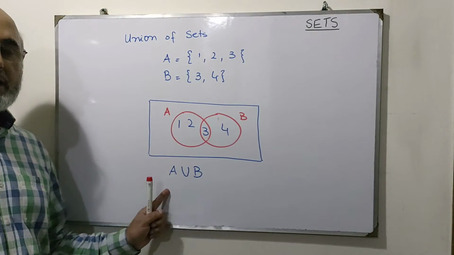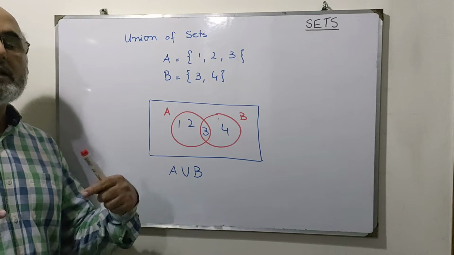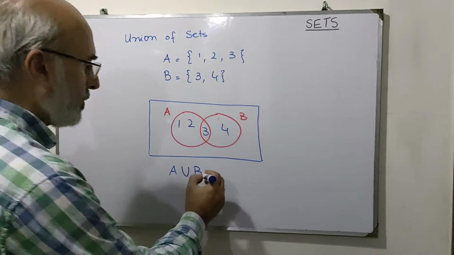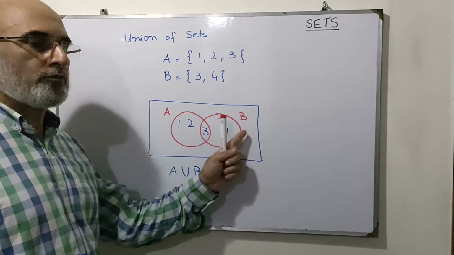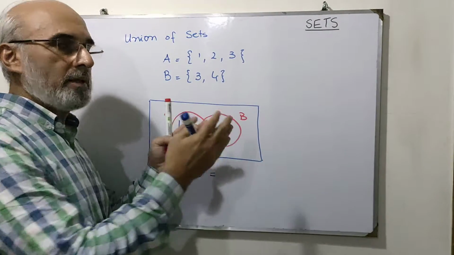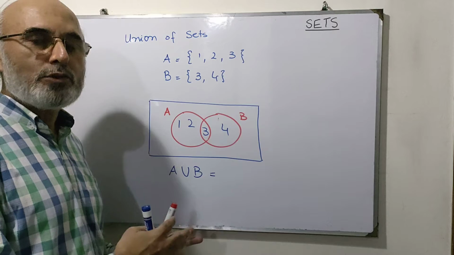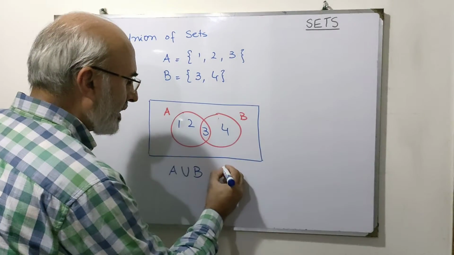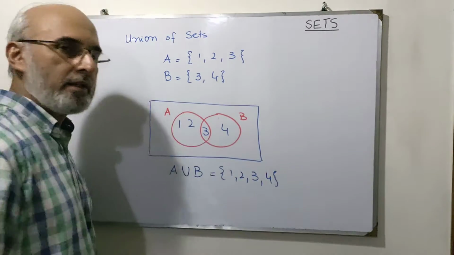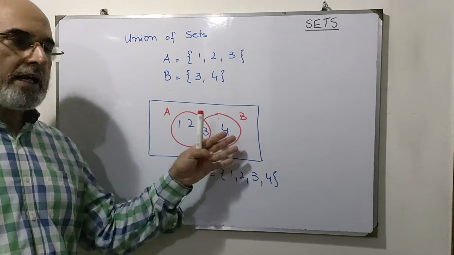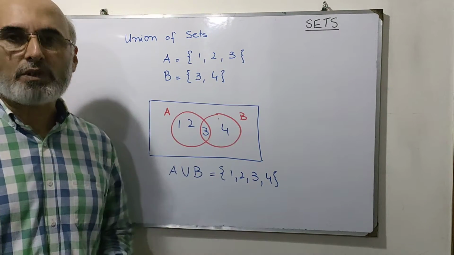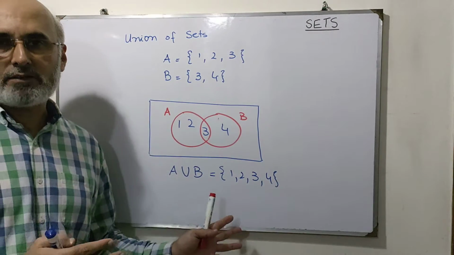This is the way we write A union B. It is the collection of all the elements in set A and set B. As is very evident from this Venn diagram, whatever there is in set A and set B is going to be in the union of A and B. So it is going to be 1, 2, 3 and 4. The elements from set B and elements from set A combined have given us A union B, which is like this.